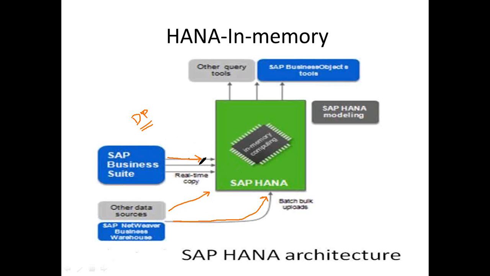Each of these is used in different scenarios depending on the kind of source that you're using and the urgency with which you want data at the SAP HANA box. Some of them are real-time, some of them are near real-time. We will talk about those data provisioning methods as we go along.